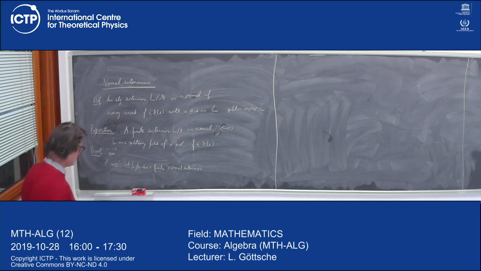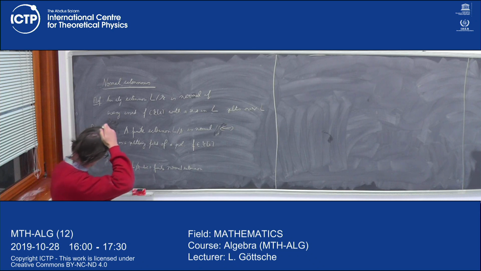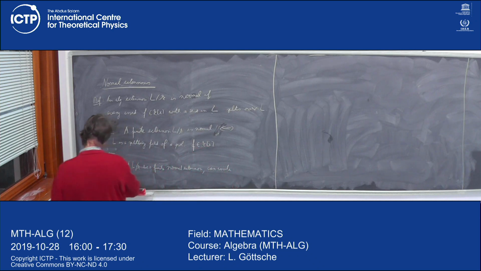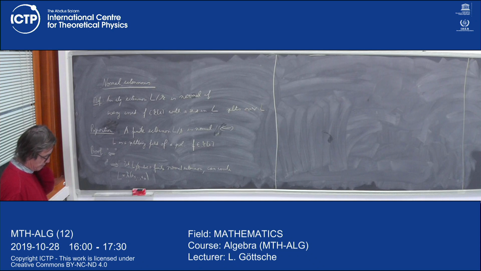As it's a finite algebraic extension, we can write L equal to K(a1, ..., an) for some elements.